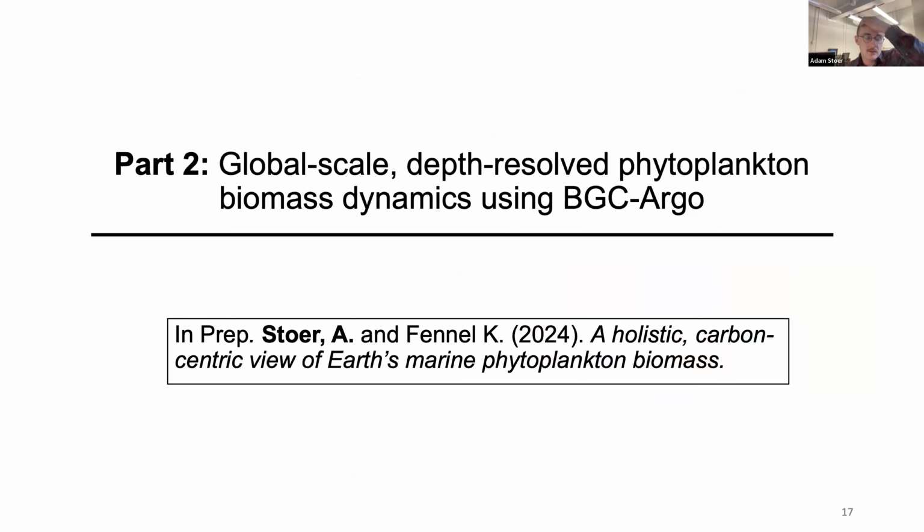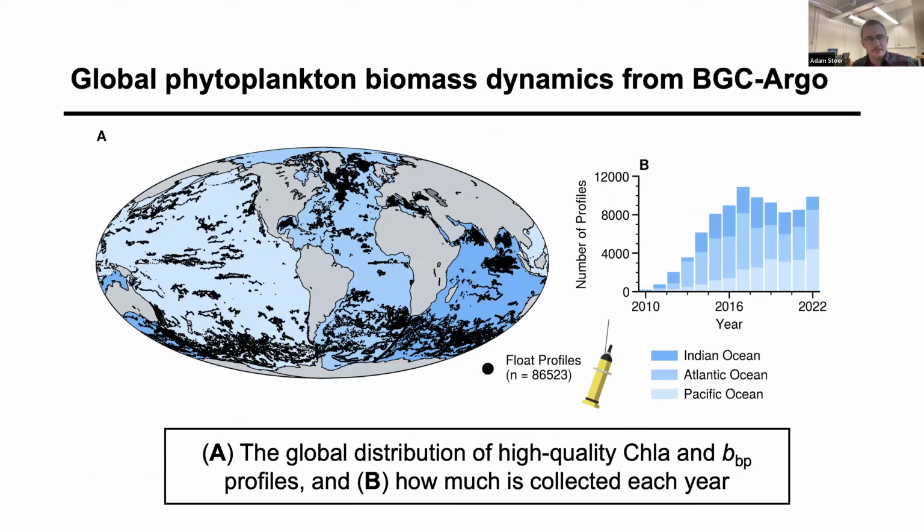And so, global scale depth resolved phytoplankton biomass using the Argo array. This is work also from my thesis, but in prep for submission. Like in that map I had before, we have pretty good coverage.